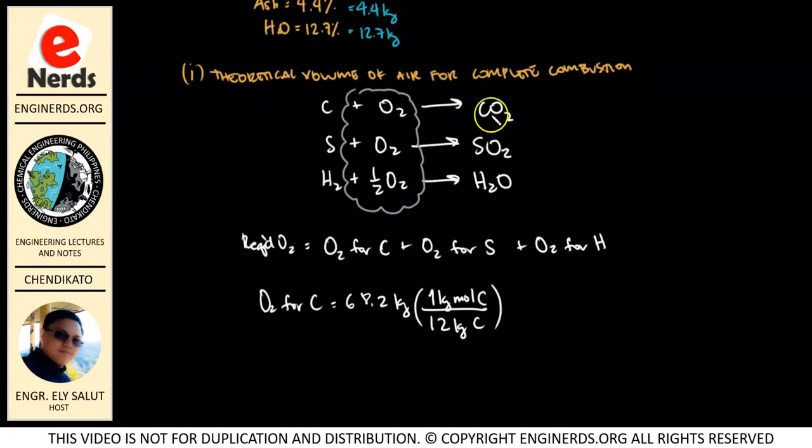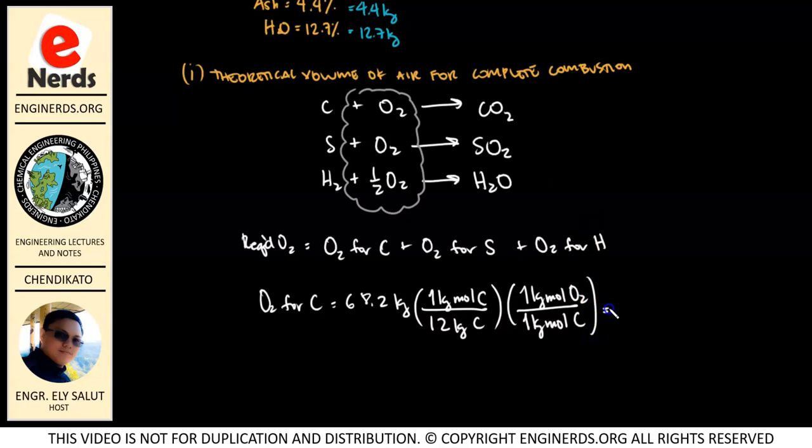So, dahil 1:1 ang ating carbon sa ating CO2 and 1:1 from carbon to O2, so that means ang ratio natin dito is 1 kilogram mole of carbon to 1 kilogram mole of O2.